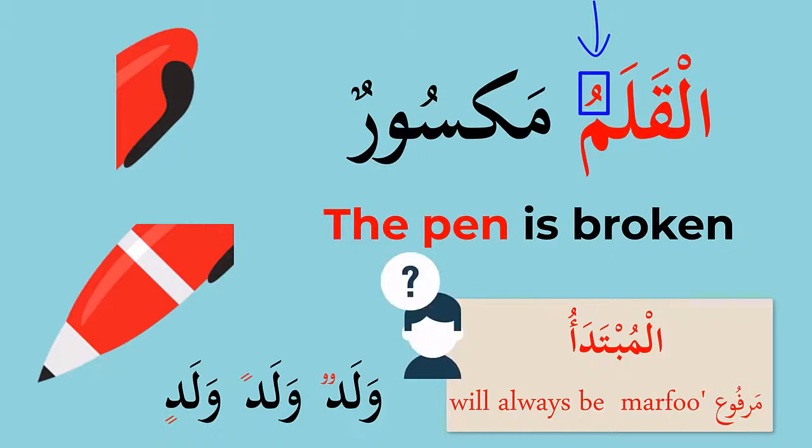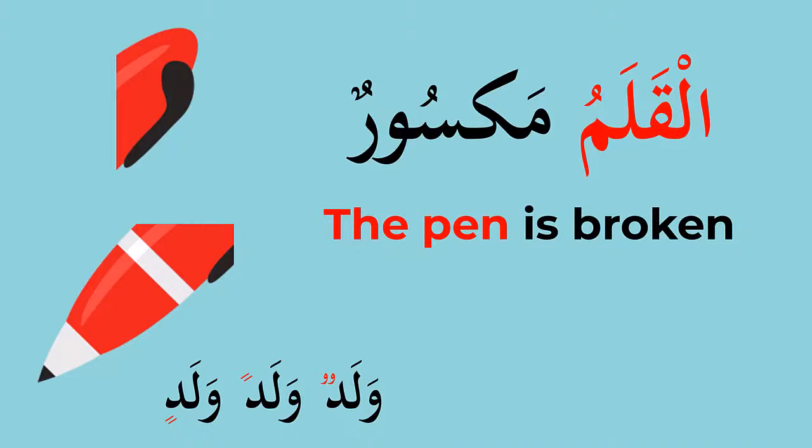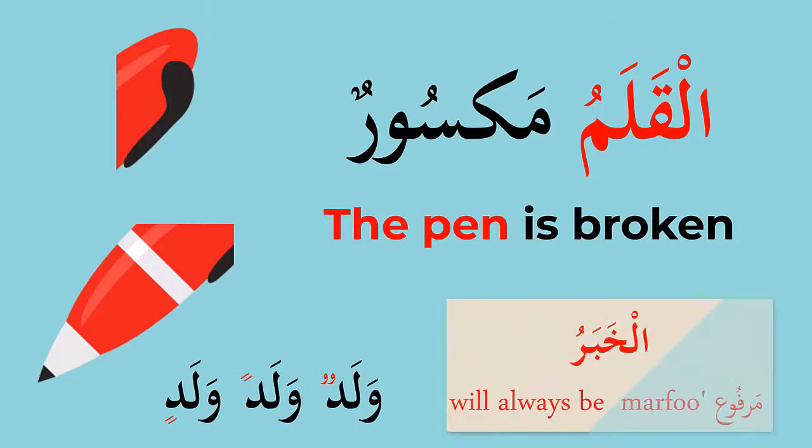If it is a mubtada, it will always be marfu. And if it is news, khabar, then also it will always be marfu. And if there are no vowel signs, we will still make it marfu.